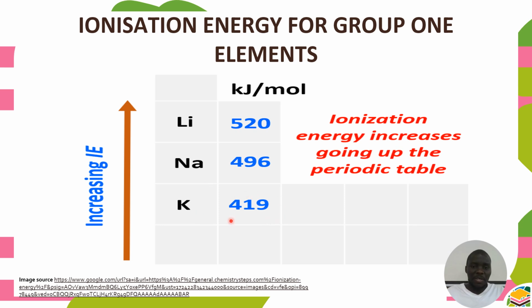That's why the value is decreasing. So moving from top to bottom, ionization energy decreases, but moving from bottom to top, ionization energy increases. Why? Here you have few energy levels and shielding is very minimal. Therefore, the outermost electron is strongly attracted by the nucleus and needs more energy to be removed.